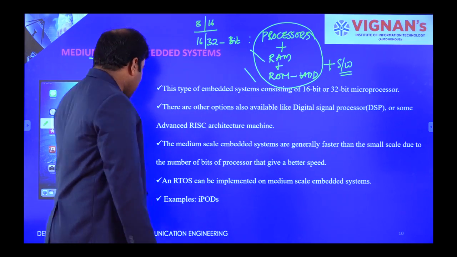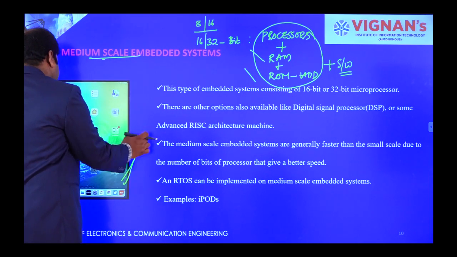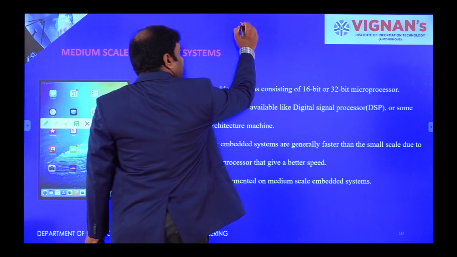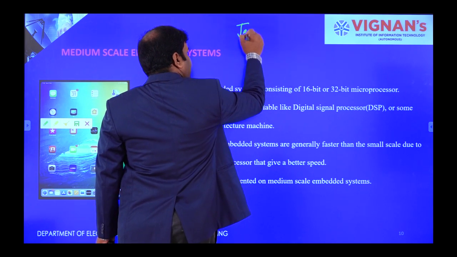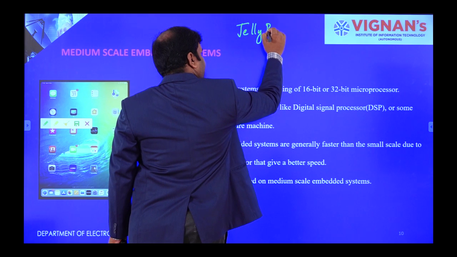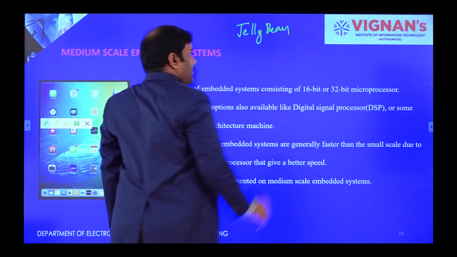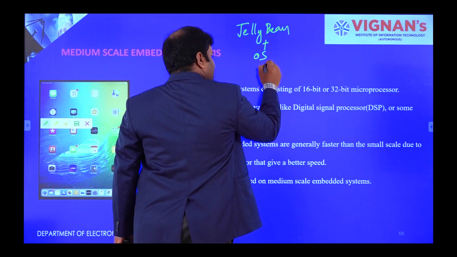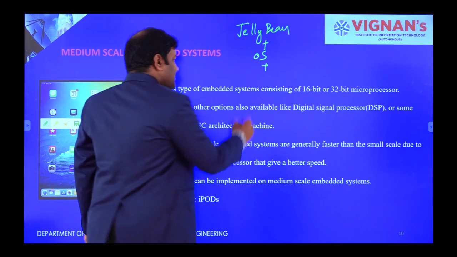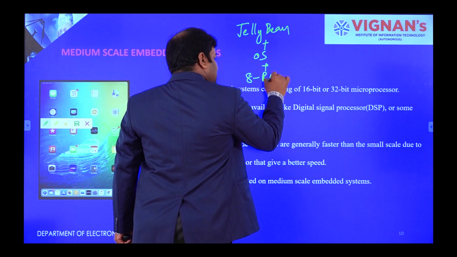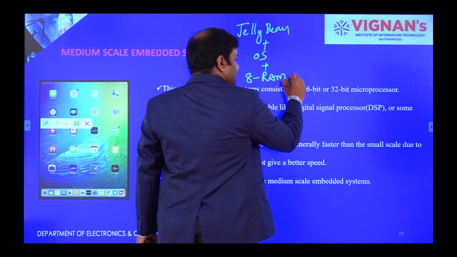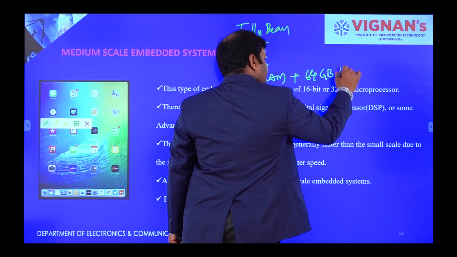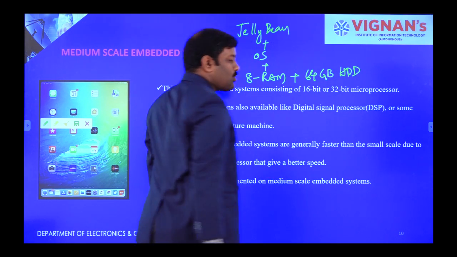An example is the iPad. Usually an iPad has one processor, for example Jelly Bean, plus an operating system, plus 8 GB RAM, plus 64 GB hard disk or internal storage.